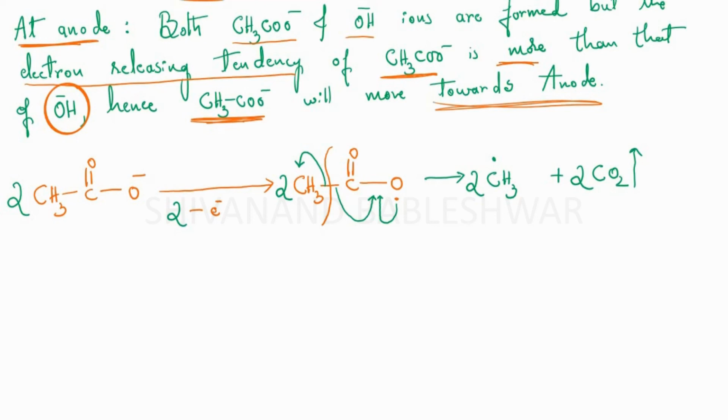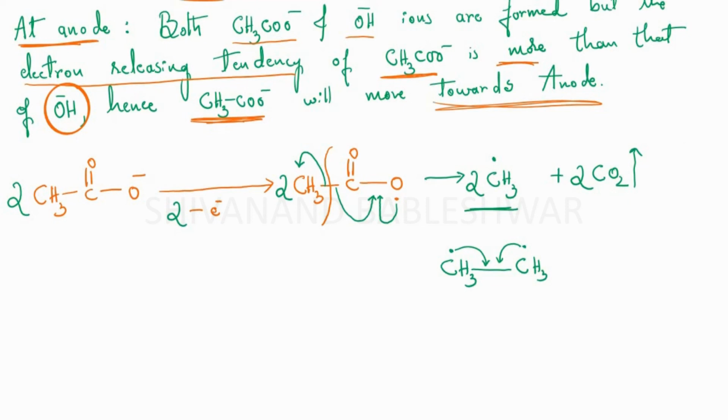Now these 2 moles of methyl free radical will combine in a systematic manner. This is one methyl free radical and this is another. Both will form a bond between these two carbon atoms. Thus there is a formation of an ethane molecule.